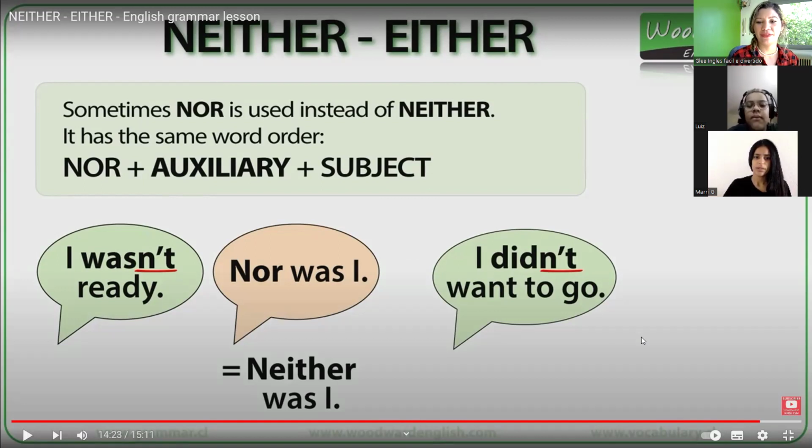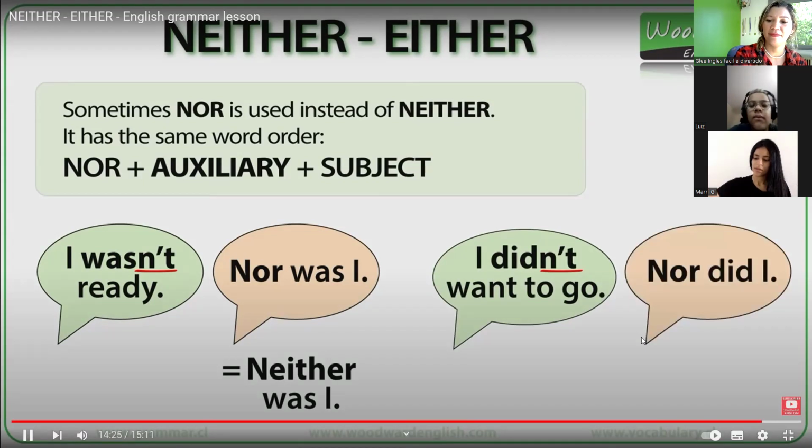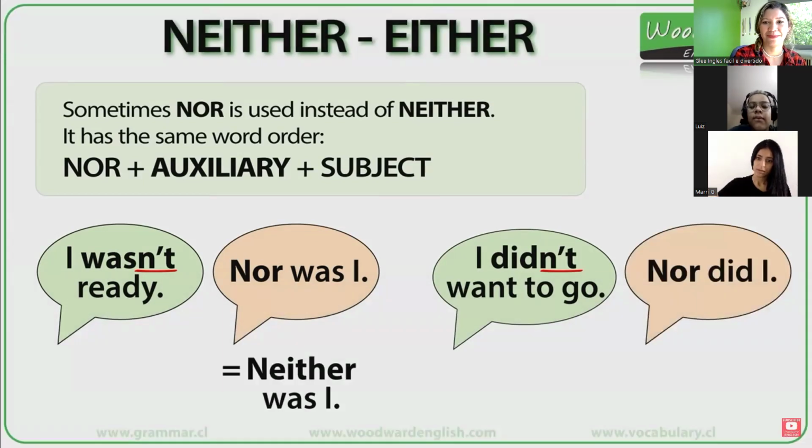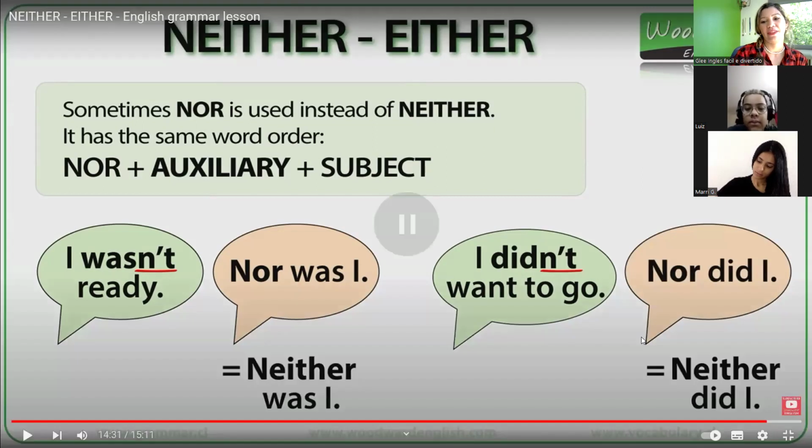Nor did I. You can say, nor did I, which means neither did I. Very good. So, lembra que é nor, auxiliar, sujeito. Ou neither, auxiliar, sujeito. Um dos dois. Again, both forms are correct.